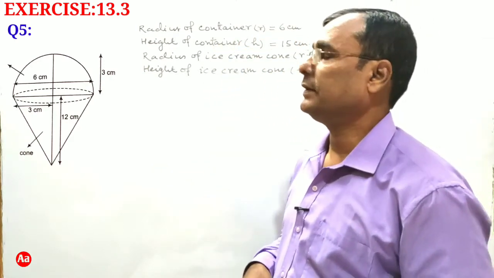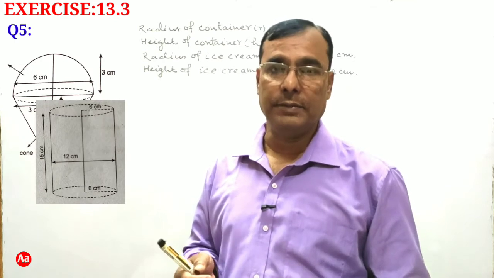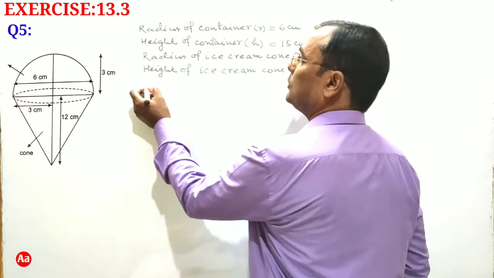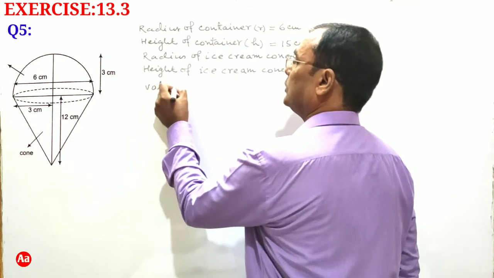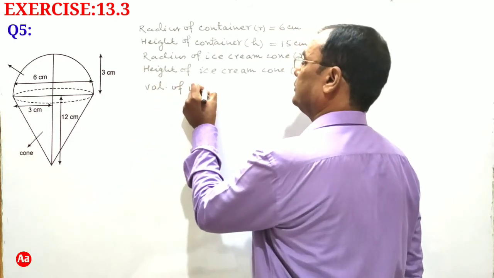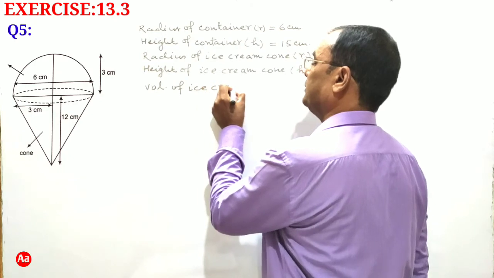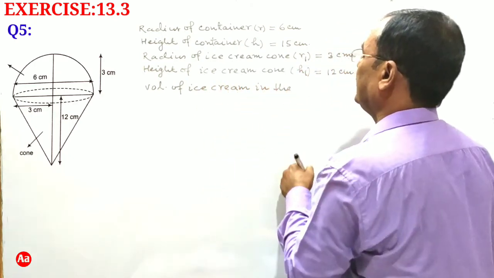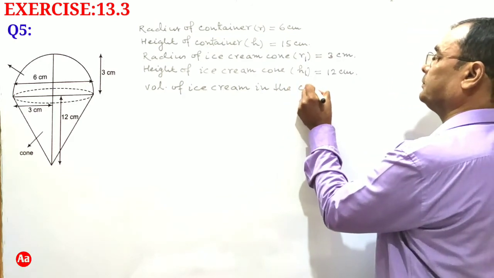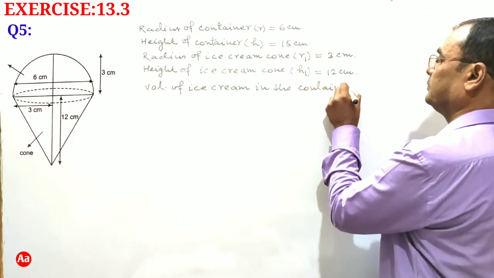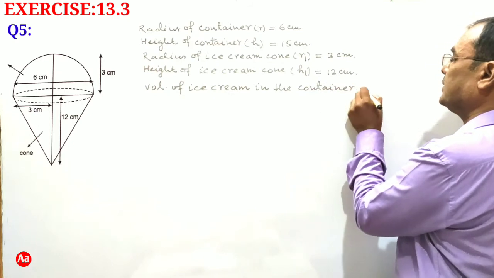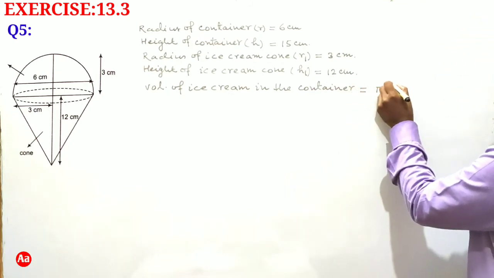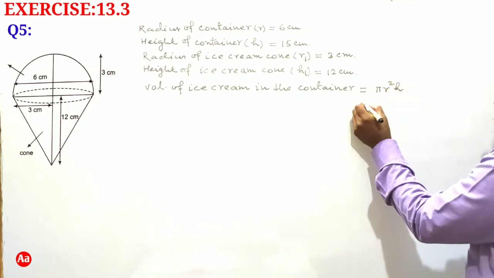Now we will calculate volume of ice cream kept in the cylindrical container. So volume of ice cream in the container is equal to pi r square h.